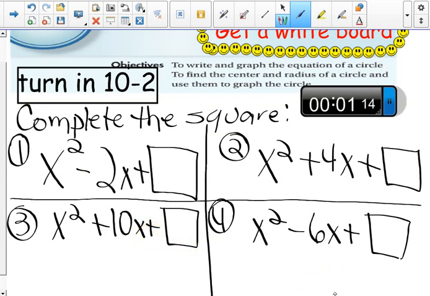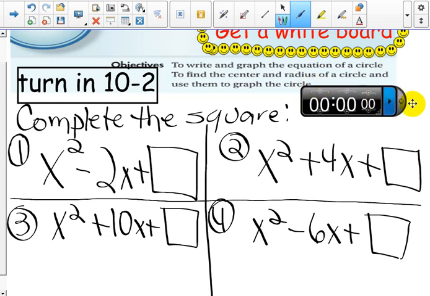Fifteen seconds. We're going to stop right here.